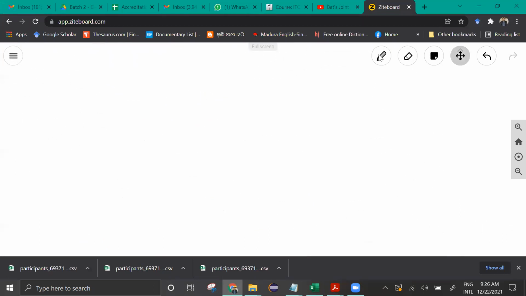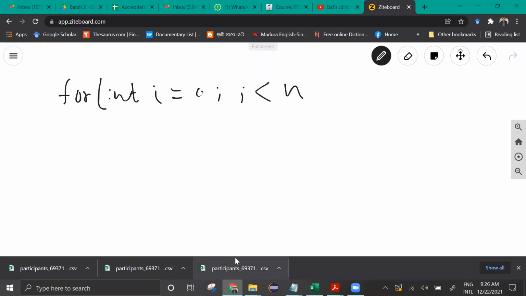For example, for int i = 0, i goes up to N, i plus plus.